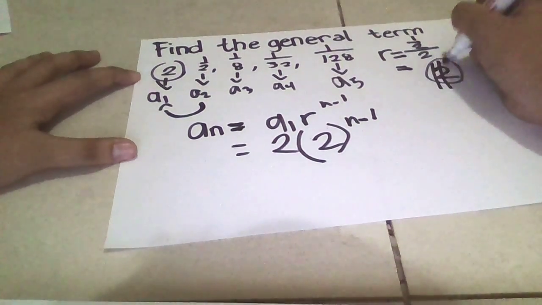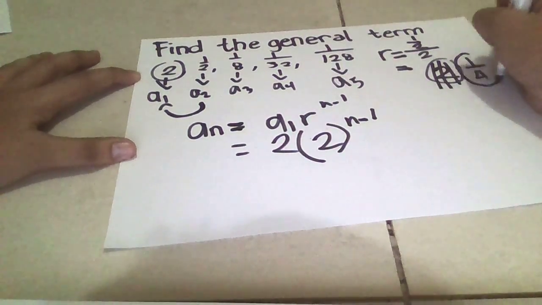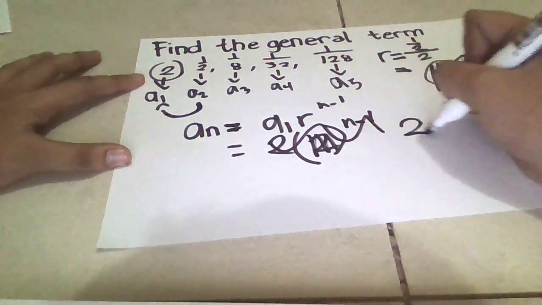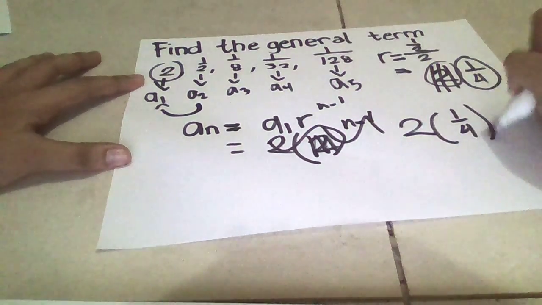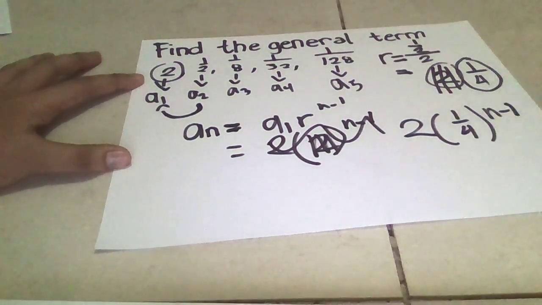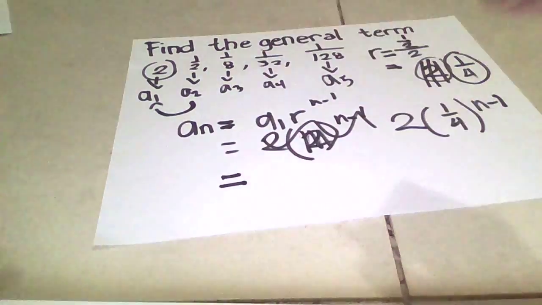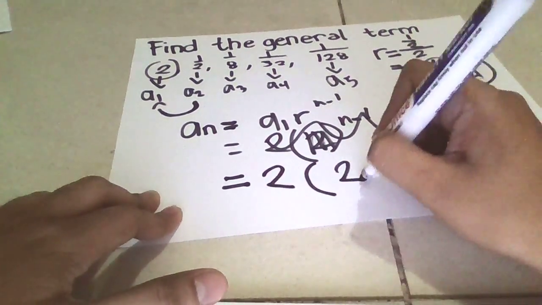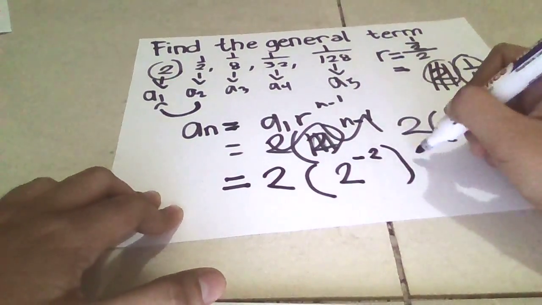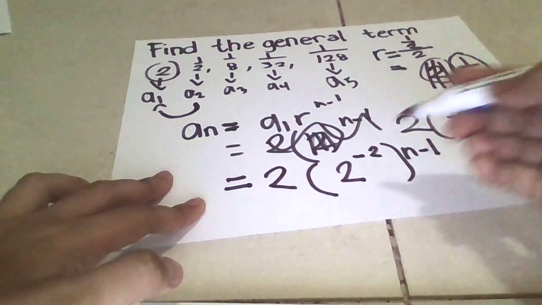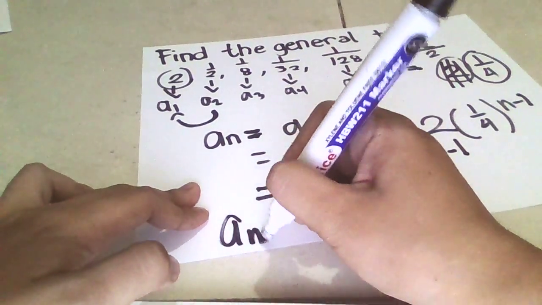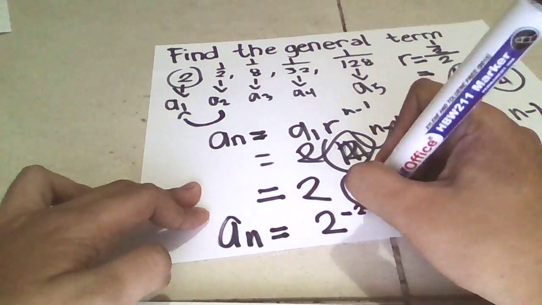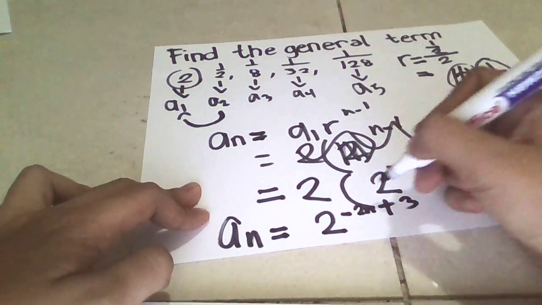So your general formula is a sub n is equal to 2 times 2^(n-1).